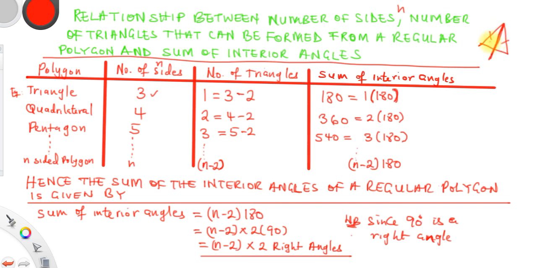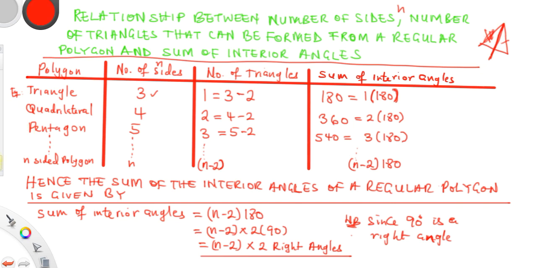So this is a triangle. We are looking at the number of triangles that can be formed from an equilateral triangle.